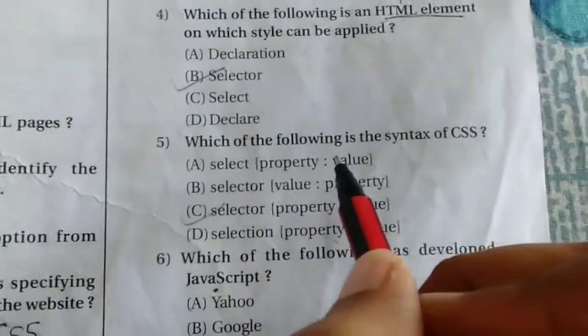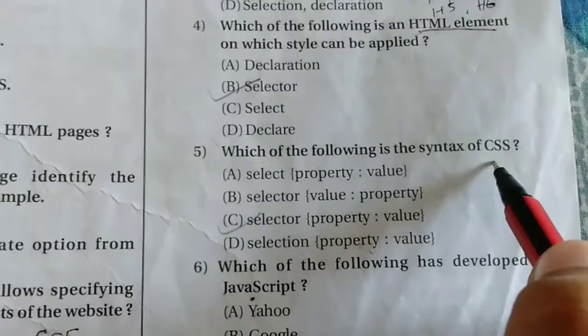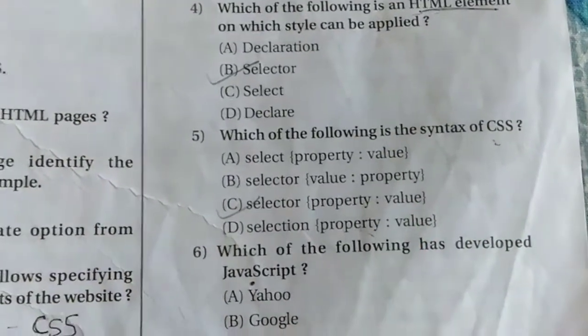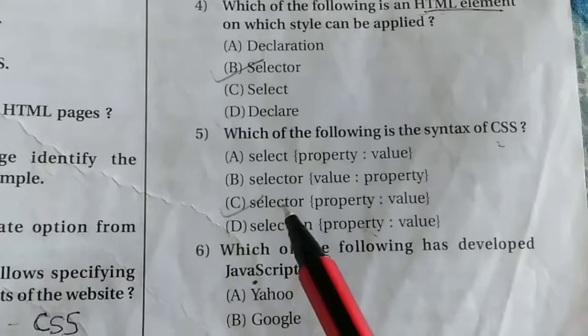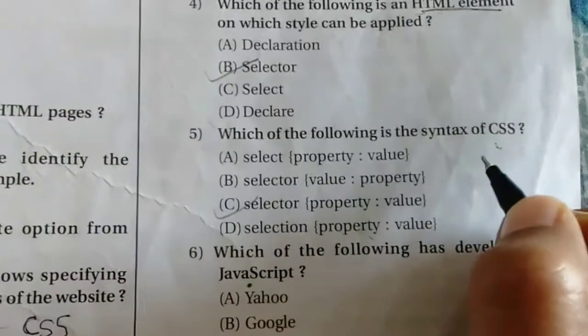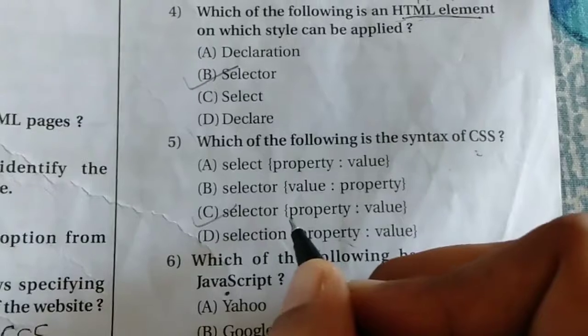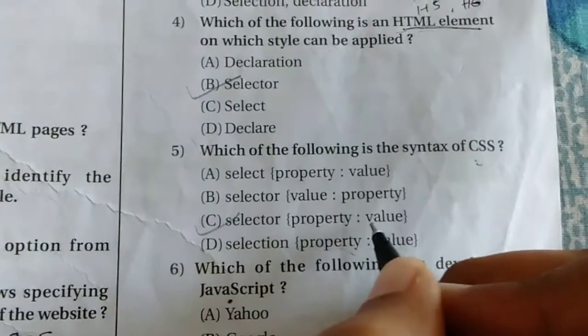Fifth, which of the following is the syntax of CSS? Which syntax of CSS is true? If you want to write CSS, then you have to write selector, curly bracket open, property, value.